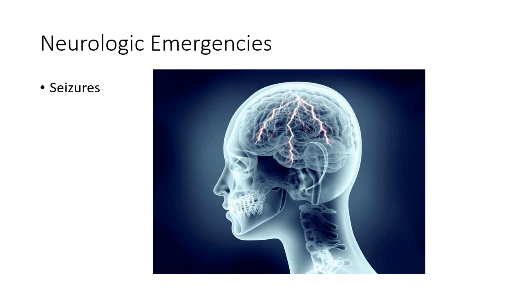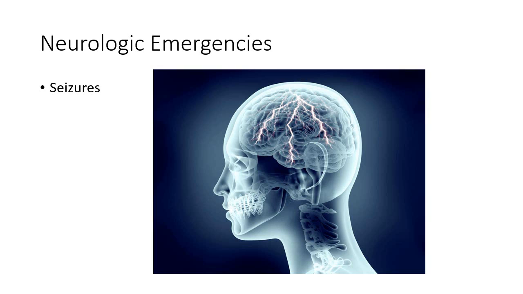With absence seizures, will they stop breathing always, sometimes? Rarely. So basically an absence seizure is kind of a generalized seizure. Now, remember, with focal seizures, you have the seizure activity in one part of the body or the other.